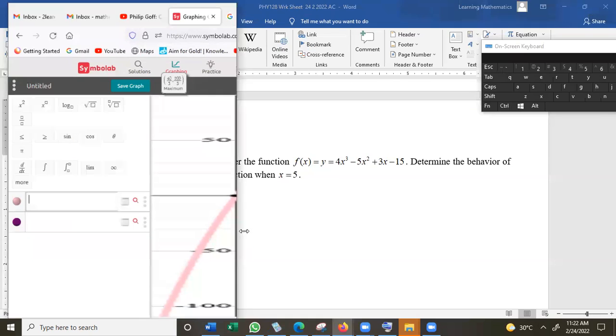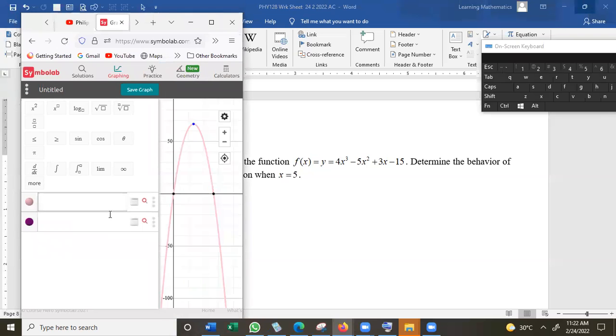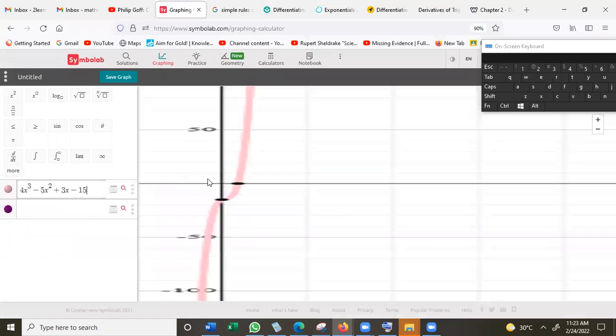You have, let's say, 4x raised to the power of 3 subtract 5x raised to the power of 2 plus 3x subtract 15. And here you have a representation of it.